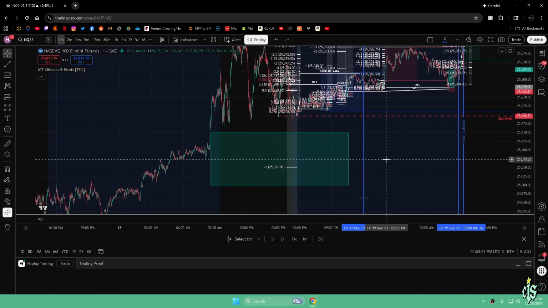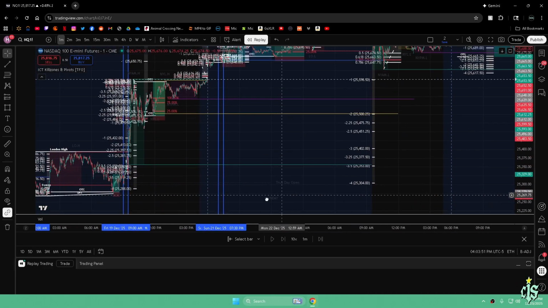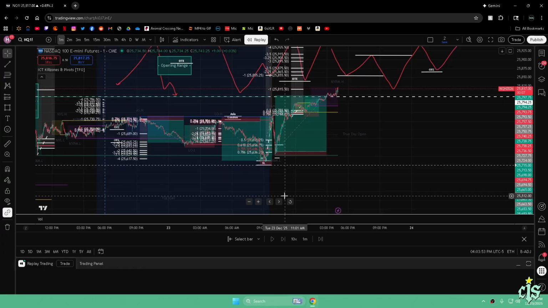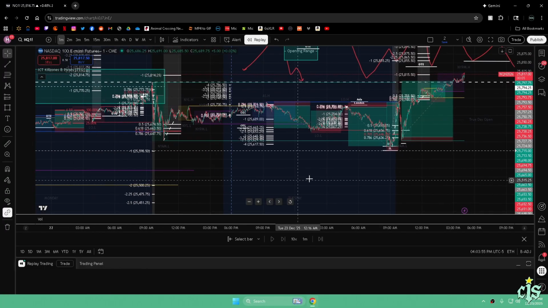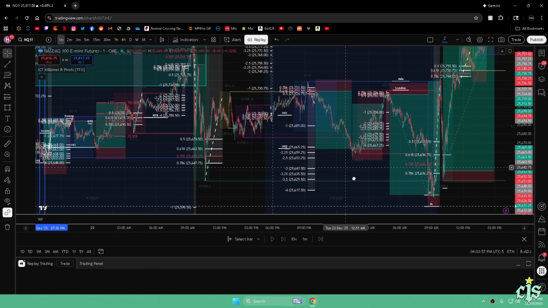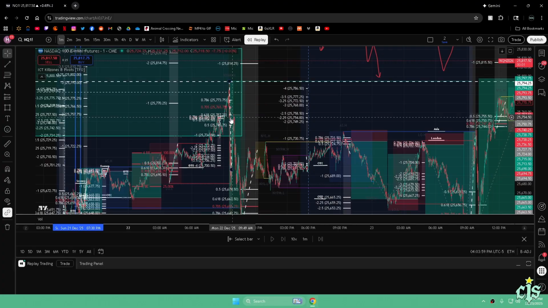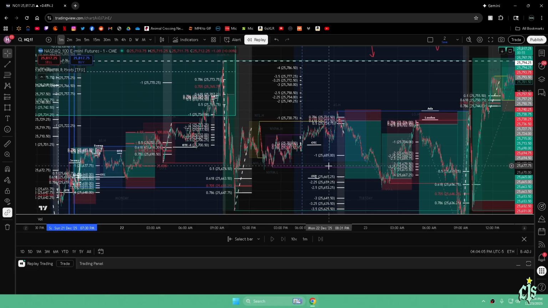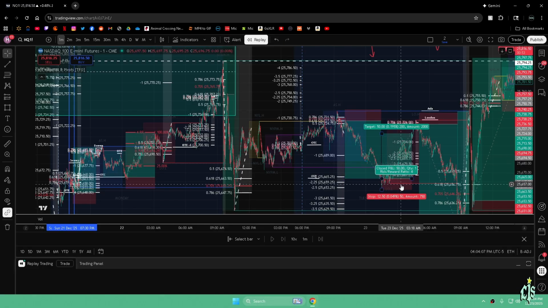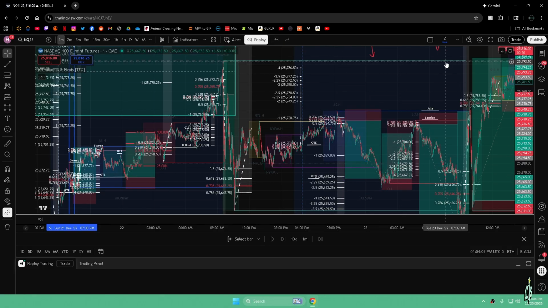Just looking at imbalances of ranges helps me at least figure out where my bias is, because most people think that we're immediately gonna go take out buy side if we're gonna go up. I think of it as Asia and London setting up for buys, right?